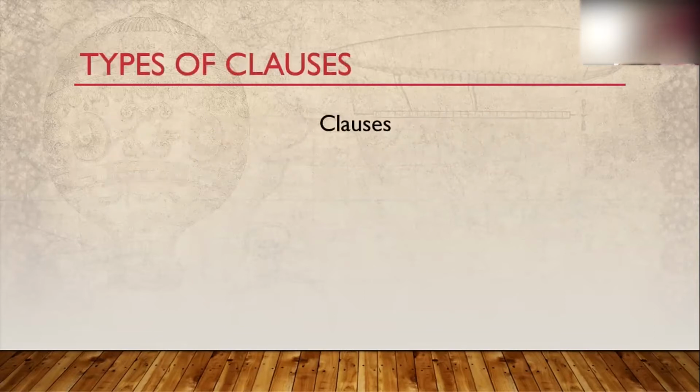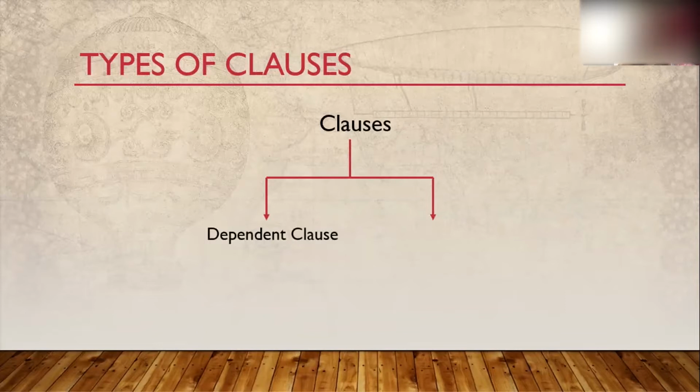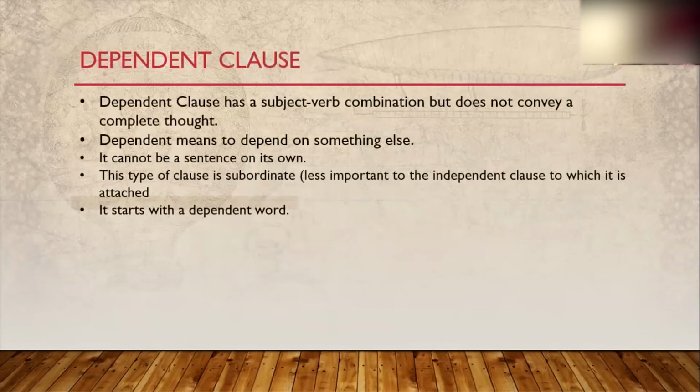Clauses are further classified or divided into two types. First is dependent clause, and second is independent clause. A dependent clause has a subject-verb combination, but it does not convey a complete message or thought.